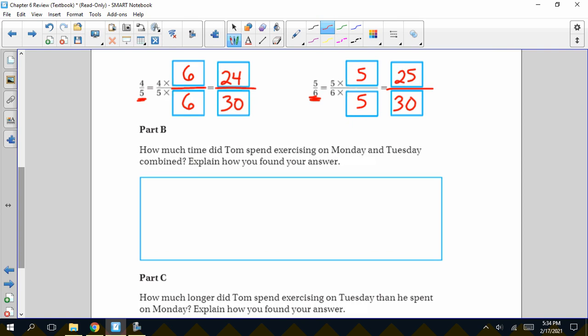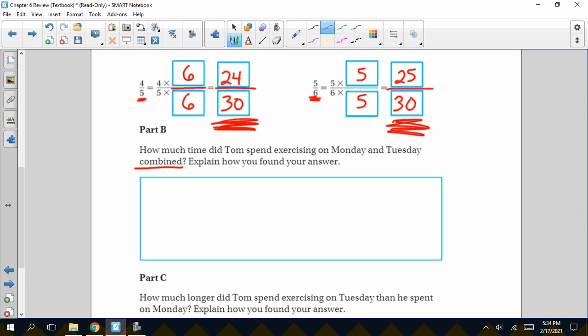Now we're going to use these two fractions here, now that we have common denominators, and we're going to answer part B and C. How much time did Tom spend exercising on Monday and Tuesday combined? Combined means we're going to add these two fractions together. So we would take 4/5 plus 5/6.